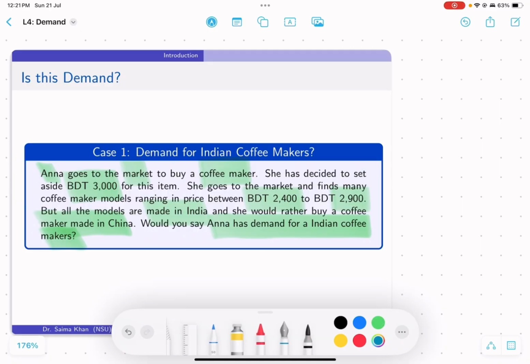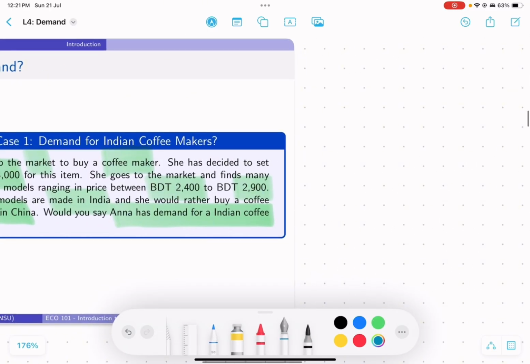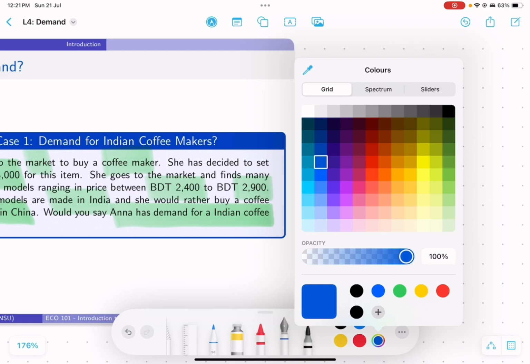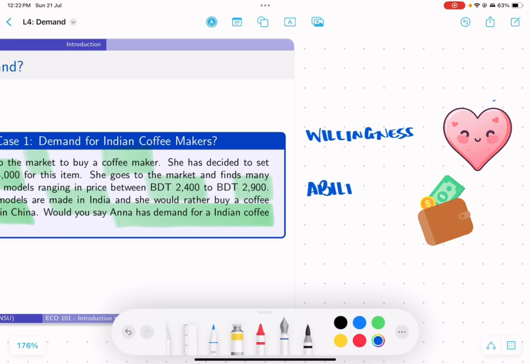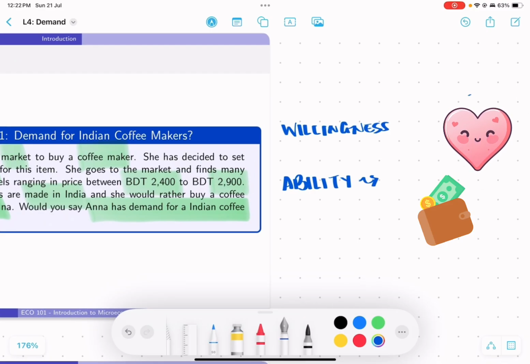To answer that question, remember we learned two concepts, right? We have to answer, does she have the willingness? Does she want the thing? And does she have the ability? Ability is all about her budget. Can she afford it?